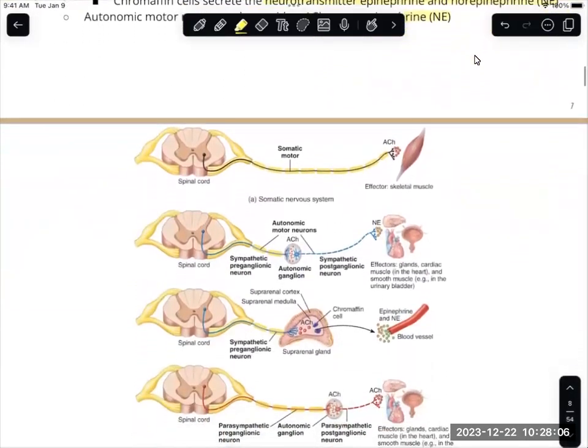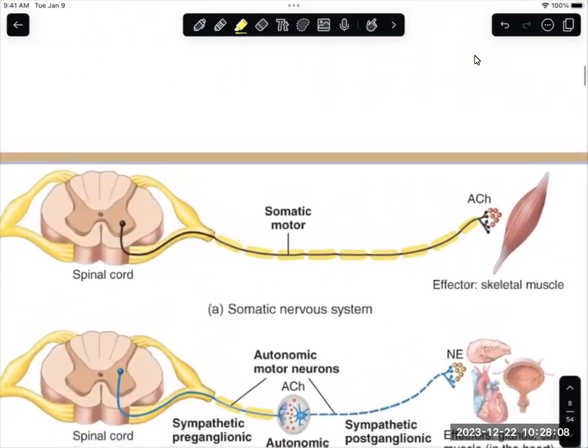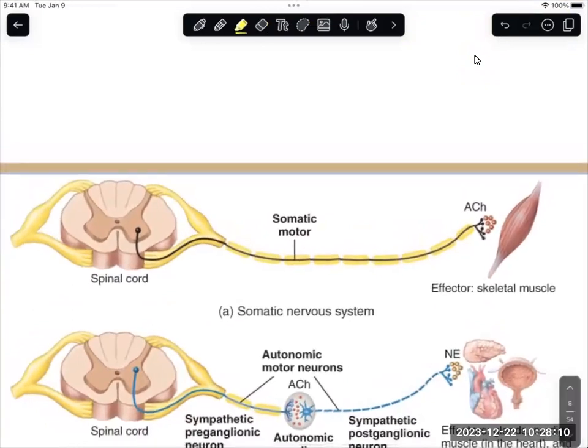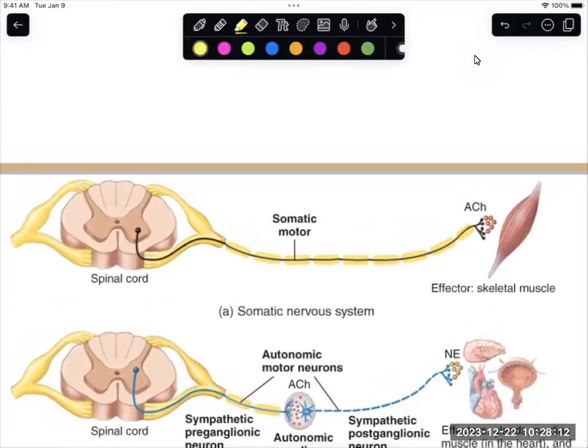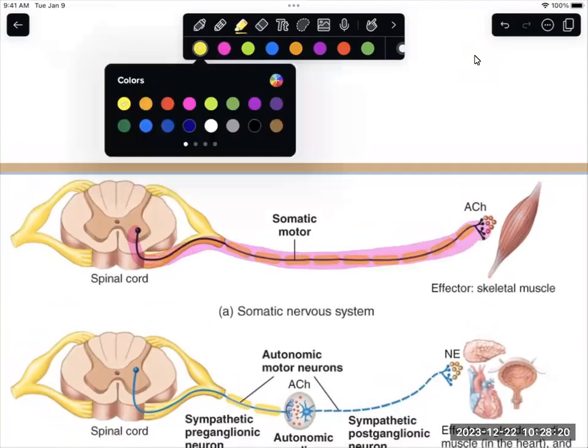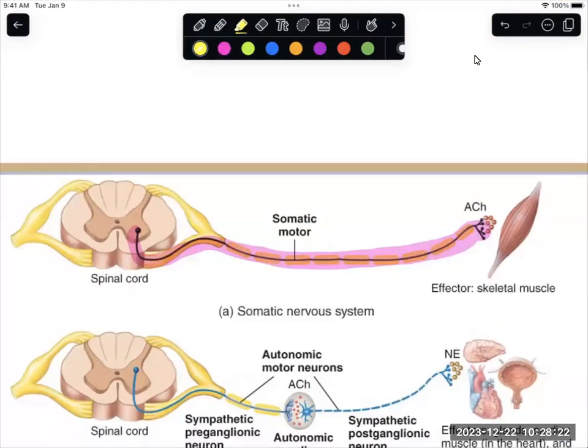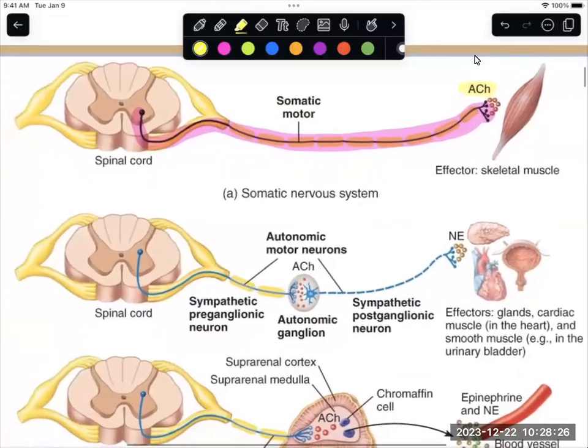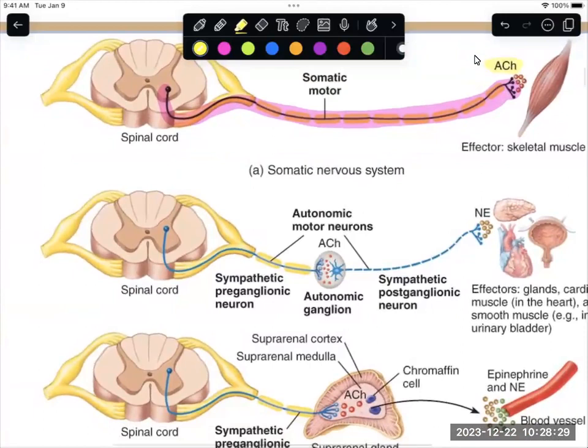So whenever we have the somatic motor neuron, there's one neuron that travels the entire length, then it's going to release that acetylcholine at that skeletal muscle. Well, here we're looking at autonomic.